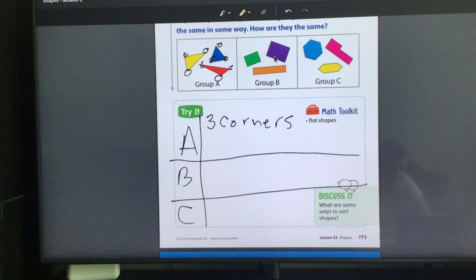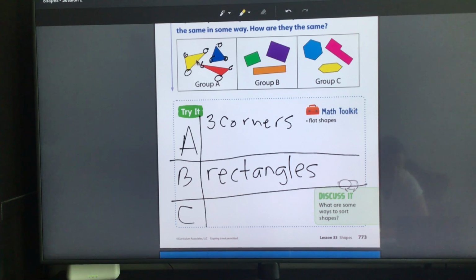The purple shape is a rectangle, and the orange shape is a rectangle. So group B, one way that these shapes are all the same is they are all rectangles. So I'm going to put the word rectangles next to B, because that tells me that those are all rectangles.